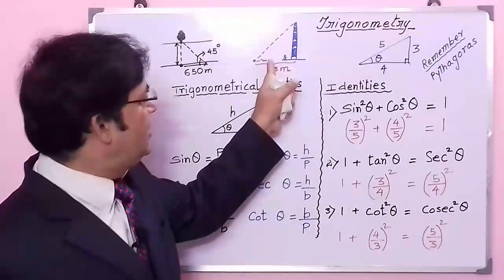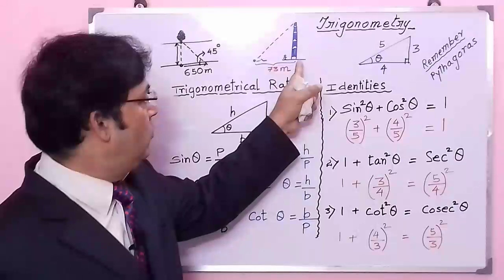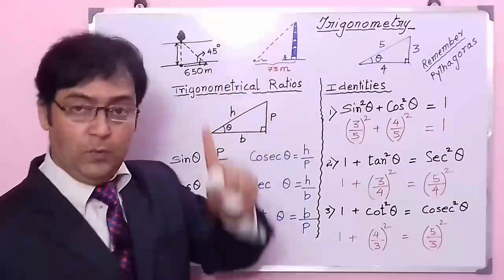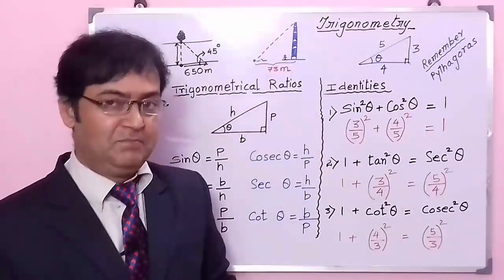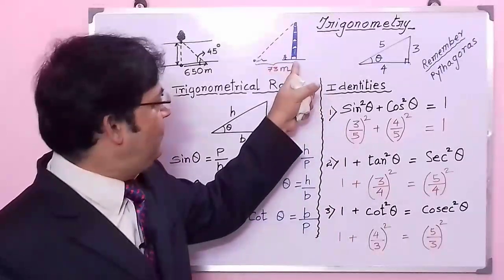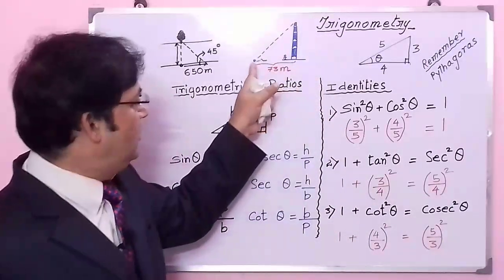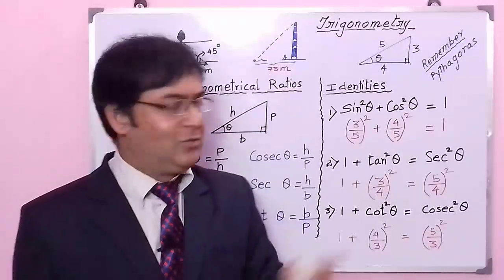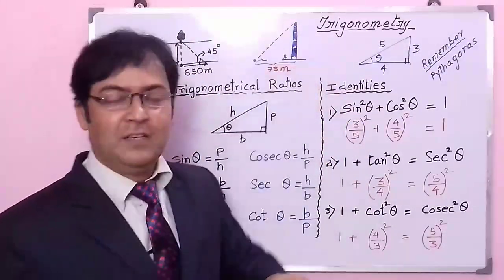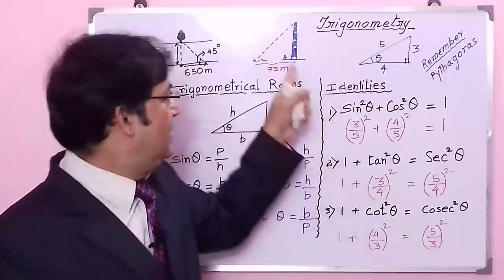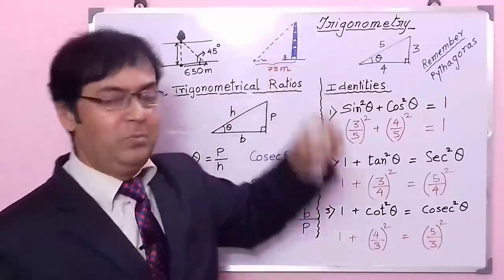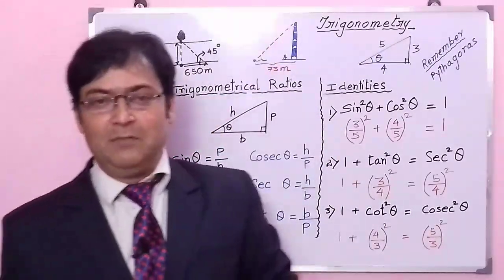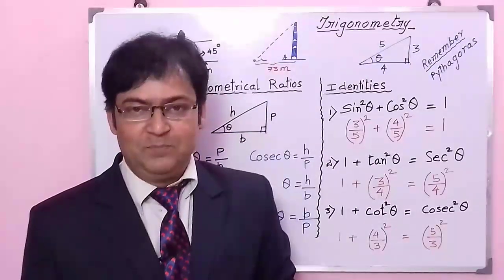If this angle is 45 degrees, he goes far away and lies down where he finds it is 45 degrees. If he is 73 meters away, Qutub Minar is also 73 meters in height.